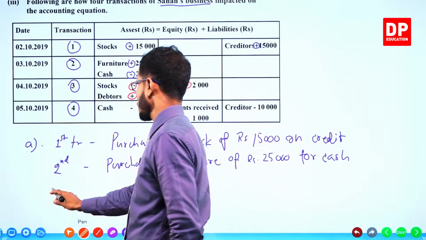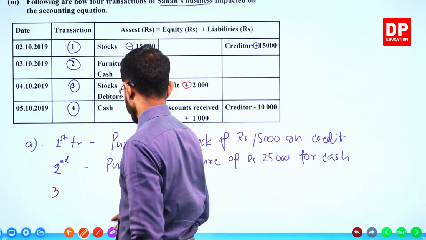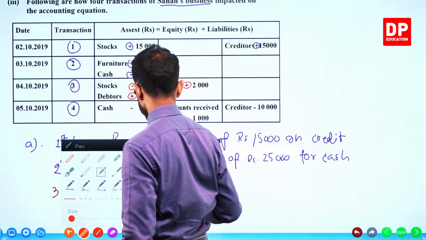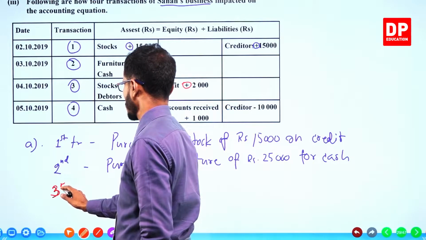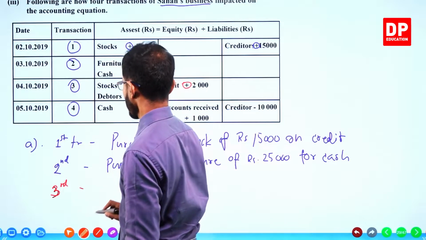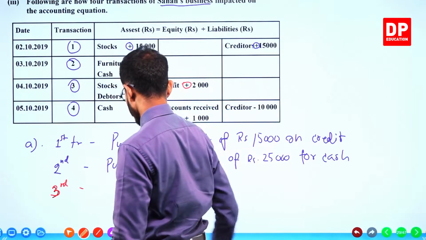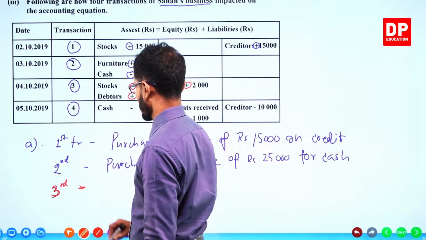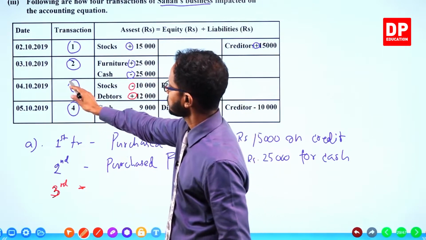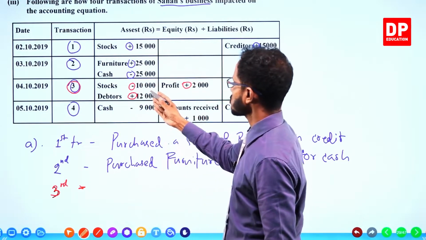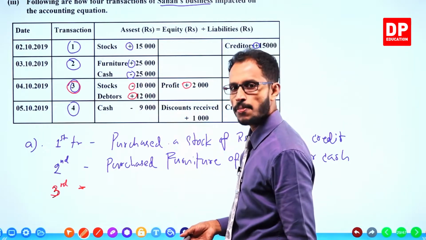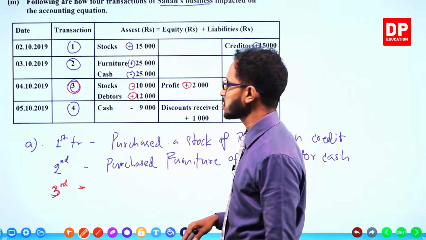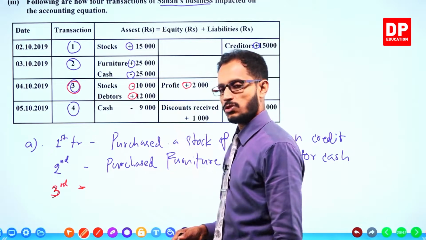Stocks sold. That's why stock has decreased. For credit. That's why debtors have increased. 10,000 worth of a stock.